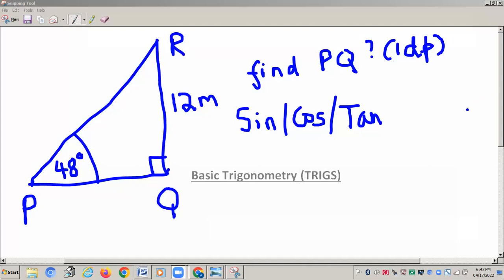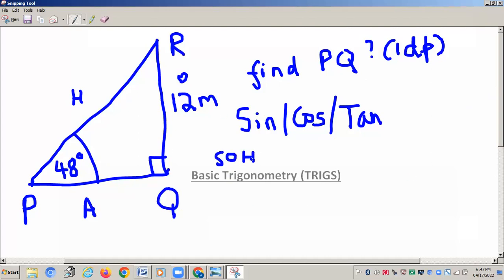Yes, it's actually tan. Very good. So this would have been the hypotenuse, the adjacent, and this would have been the opposite. All right, so SOH CAH TOA.